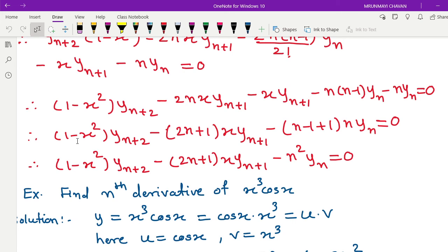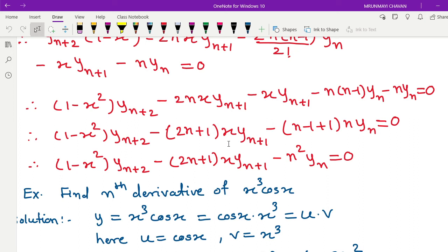So this is 1 minus x square into y_(n+2) minus, from these two we can take common x and y_(n+1), therefore, and minus sign is also common, therefore taking minus x y_(n+1) common, here remains 2n and here remains only plus 1.